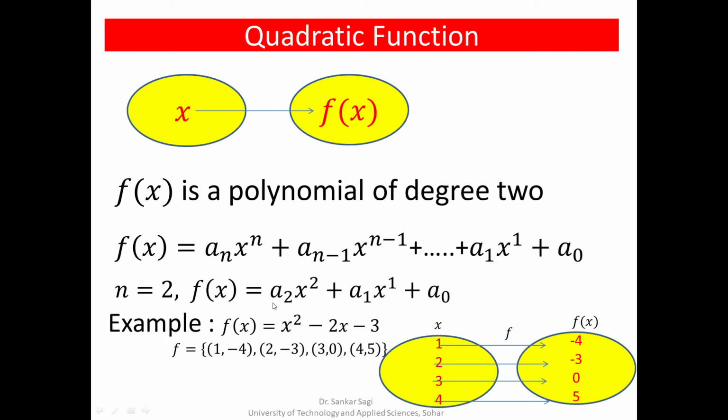As we have seen before, if a2 is 0, it will be reduced to a lower degree. It cannot be degree 2. So for it to be degree 2, a2 should not be 0, and a0 and a1 can be any constants.